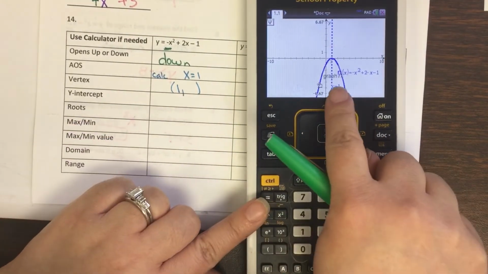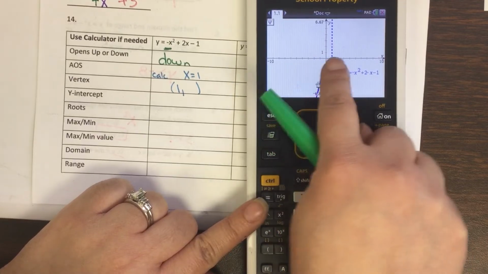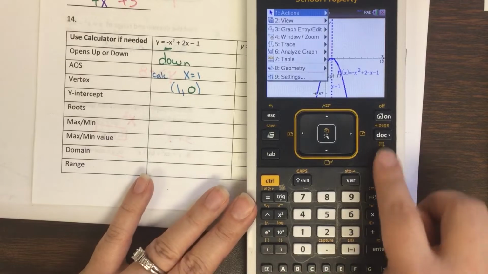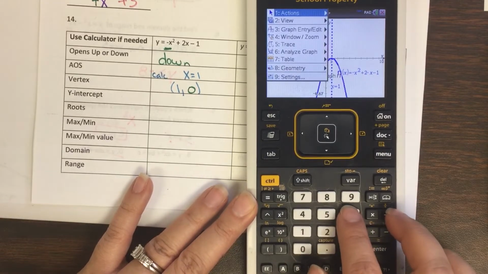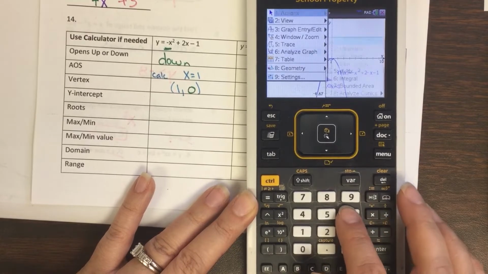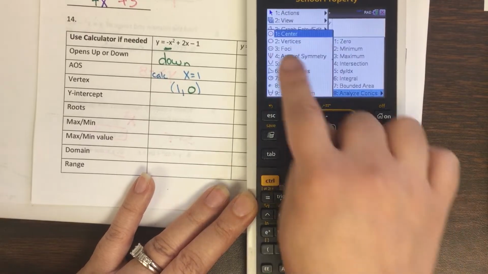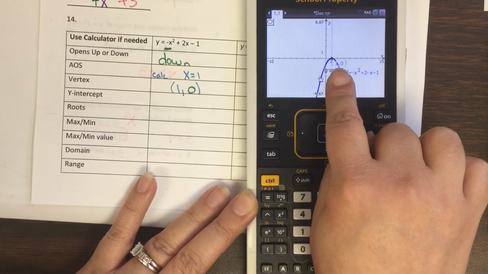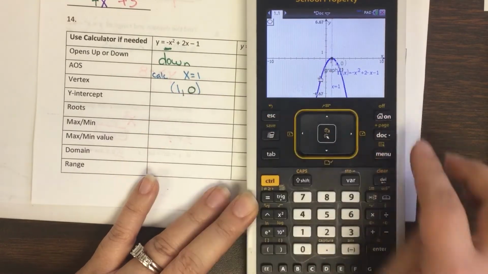I see that this is an x-intercept, so it has that y value of 0. You could do menu, analyze, and get my vertex too. Click on it, and I see that 1, 0, just kind of confirming.